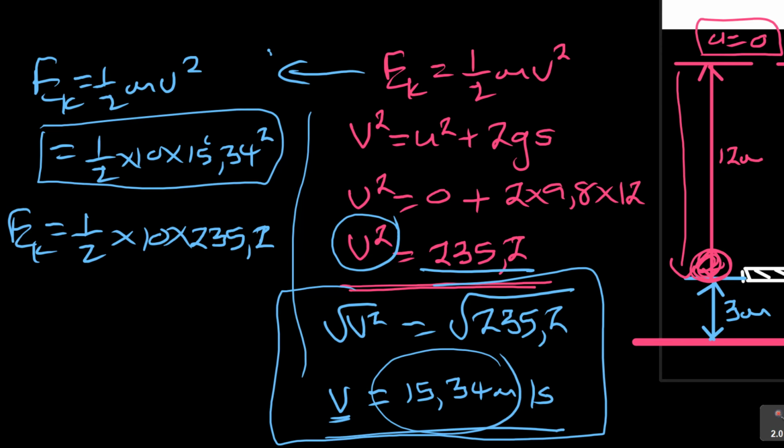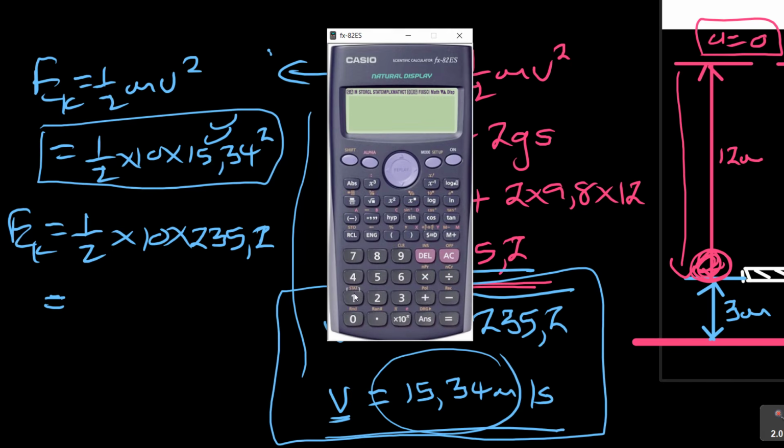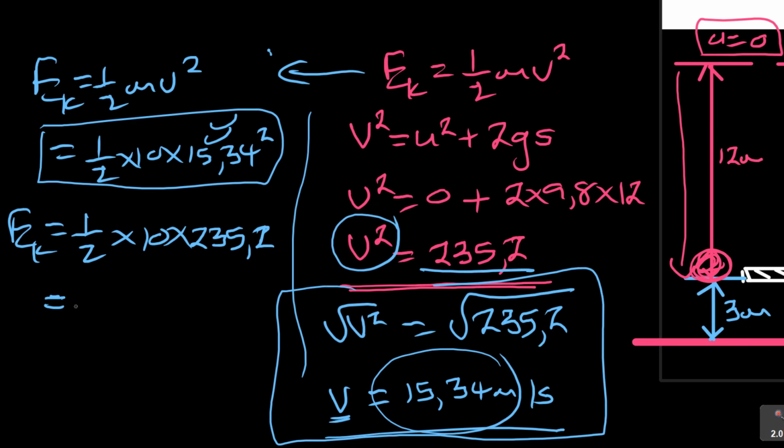But that one will still be fine, nothing wrong, just that you are working in circles there. And then you get your answer as 1 over 2 times 10 times 235.2. And then what do you get? 1176. What? Joules. That is one way.